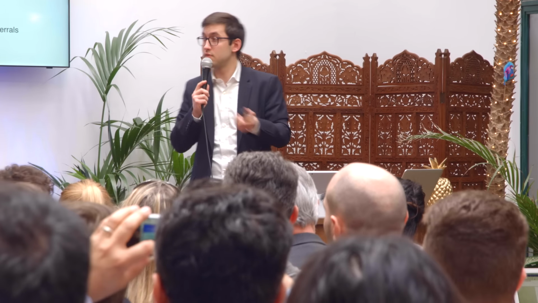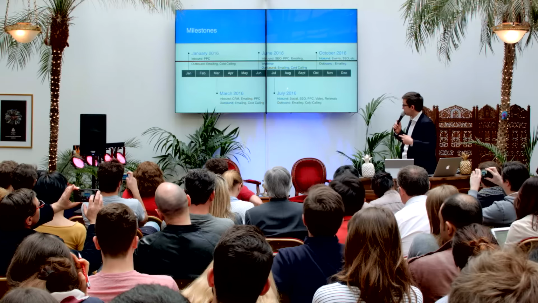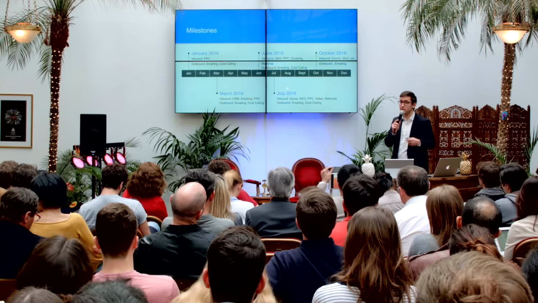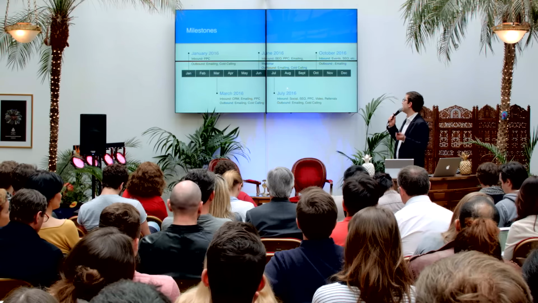In March, you have a database because you did PPC and you acquired email addresses. So you can use CRM and email, continue using PPC. In June, you start to see the first results from your SEO that you have been doing for 6 months.